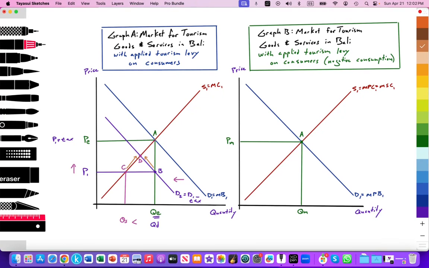The consumer is really operating, again, along their D1 curve, and they're going to reduce their quantity demand to this new quantity. So let's mark this quantity here. And let's go up to this point.